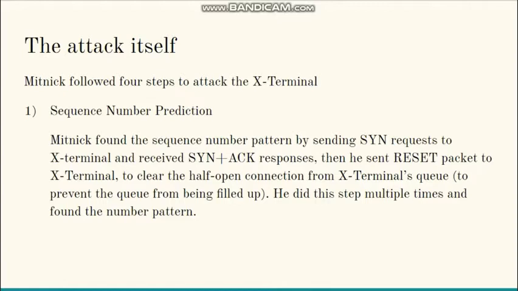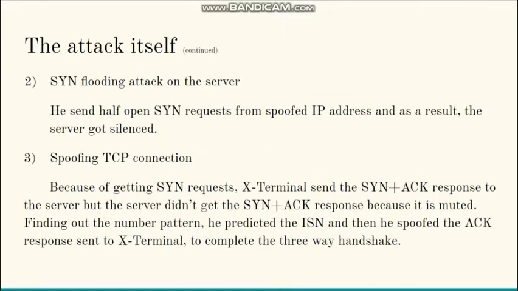Then he sent reset packets to the X-terminal to clear the half-open connection from the X-terminal's queue, and he did this multiple times and found the number pattern. Then he did a SYN flooding attack on the server, and he sent half-open SYN requests from the spoofed IP as a result, and so the server was silenced. Because of this, he could now spoof the TCP connection.